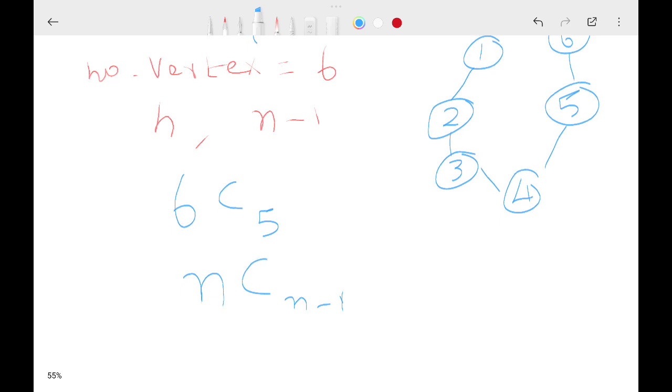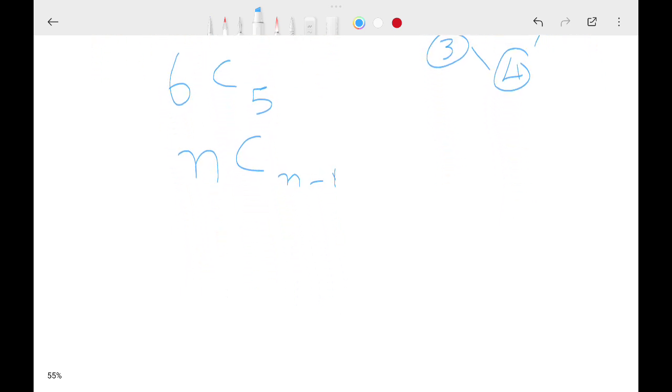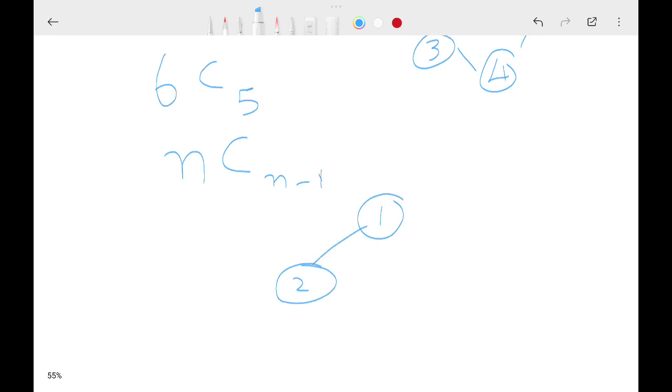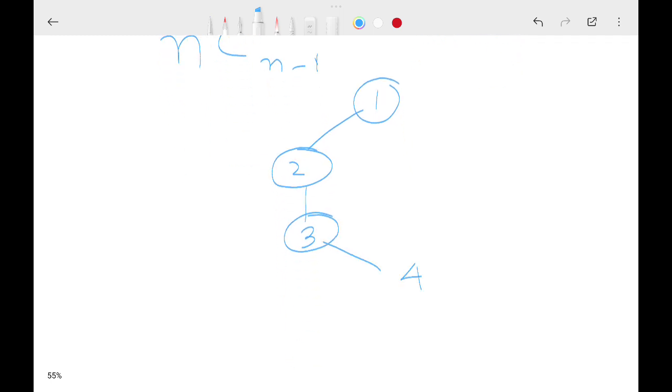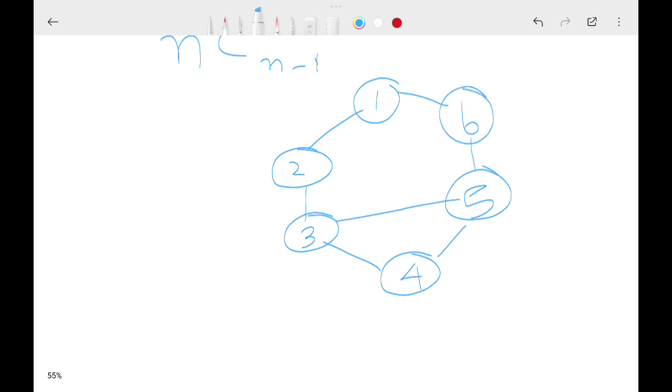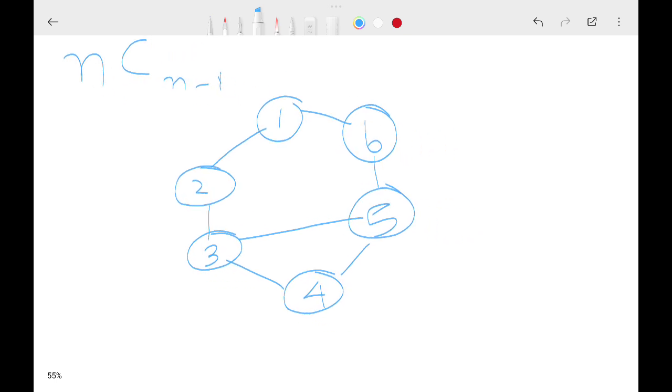Suppose the graph contains a cycle. For example, the same graph, now I include one more edge. Now this edge forms a cycle.